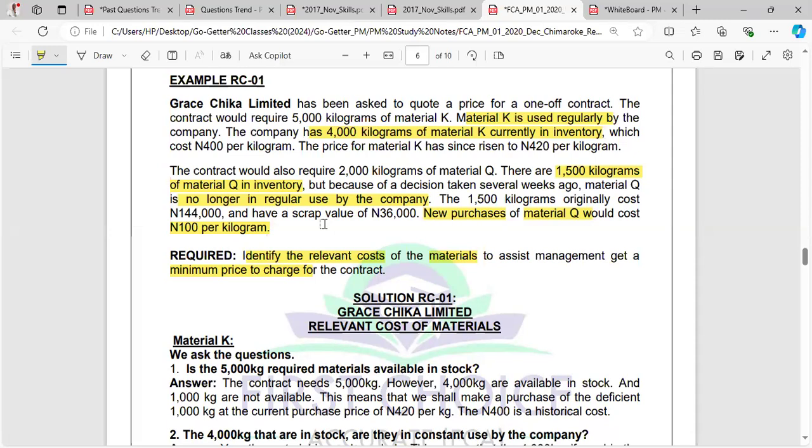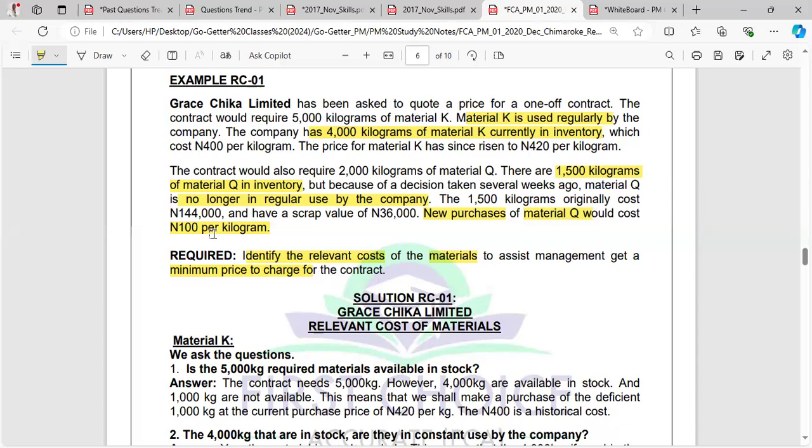Is it scarce in supply? We are not told if it is scarce in supply or not, but the question does not give us any room to think it is not scarce, but it gave us an alternative use.